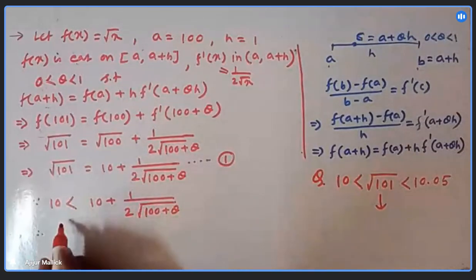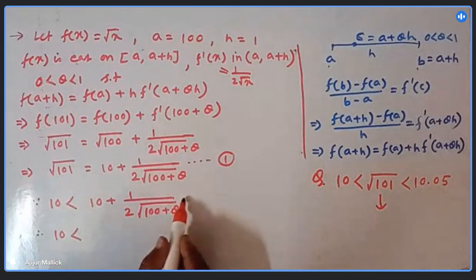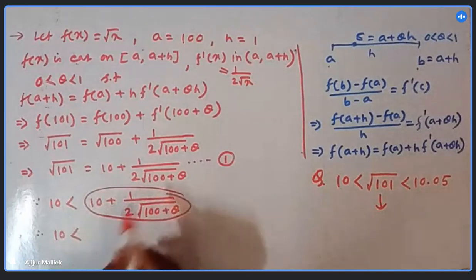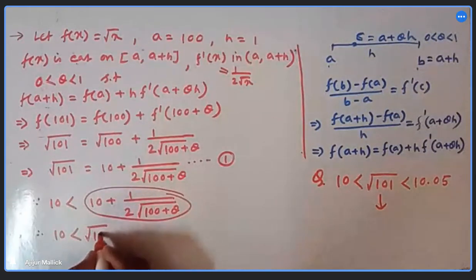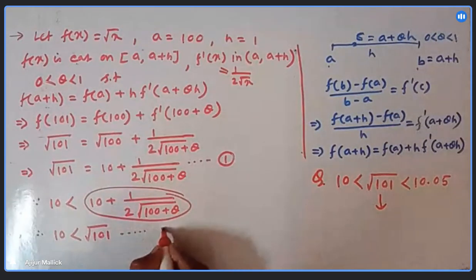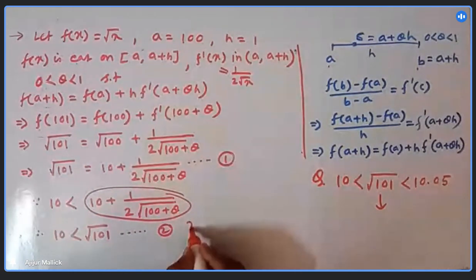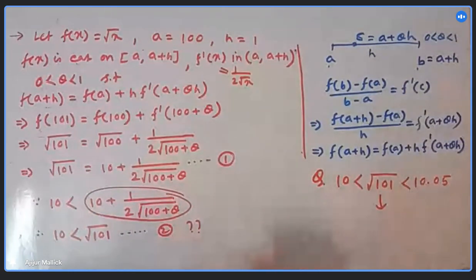So we can say that 10 is less than this value, actually root 101. This is number 2. Is it right, students? Is it clear? Yes, sir. Okay, very good.